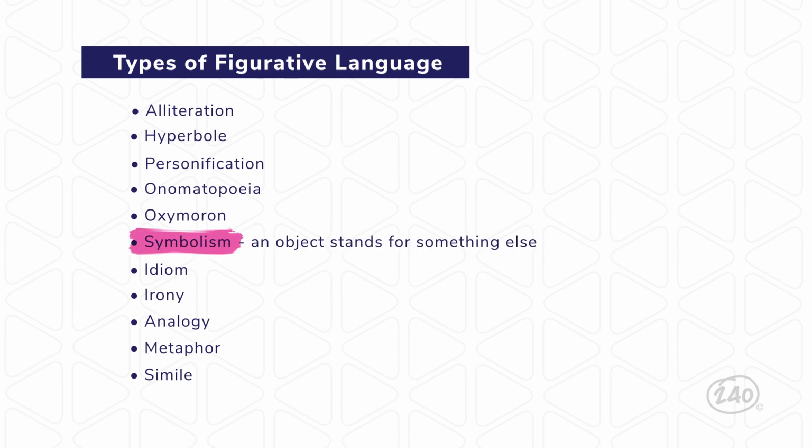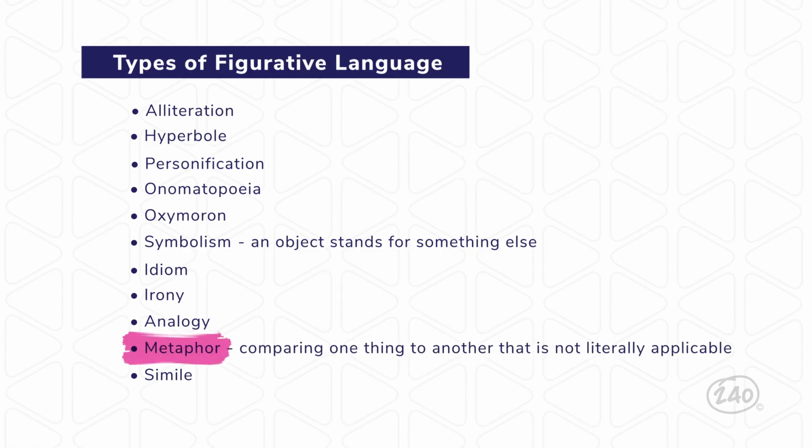First, symbolism. Symbolism is when an object stands for an idea or larger meaning. It's usually used numerous times throughout a piece of literature. Examples would be a dove standing for peace or a snake symbolizing evil. The next one I'll point out is metaphor. That's when an author compares an object or action to something else when it's not literally applicable.